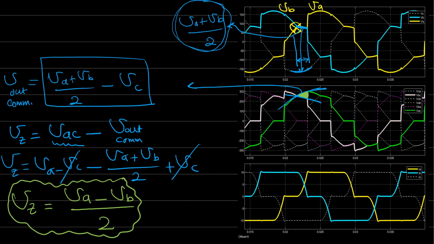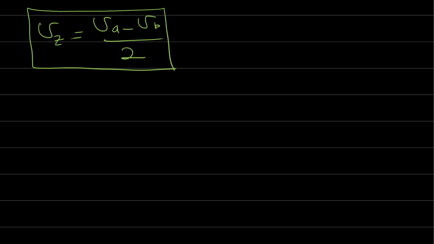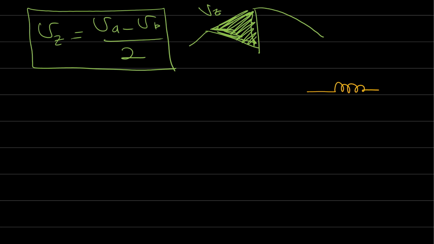So we agree that the output voltage is the line voltage. So now again, VZ is equal to VA minus VB over 2, which is the value of the small portion from the output voltage. And we said that during commutation these line impedances are connected this way.